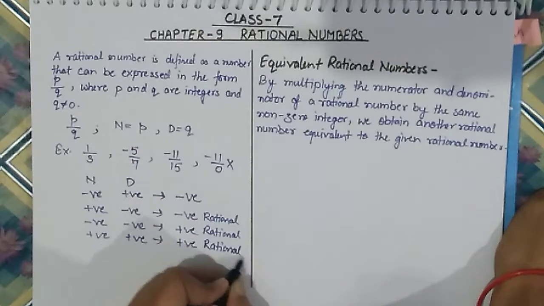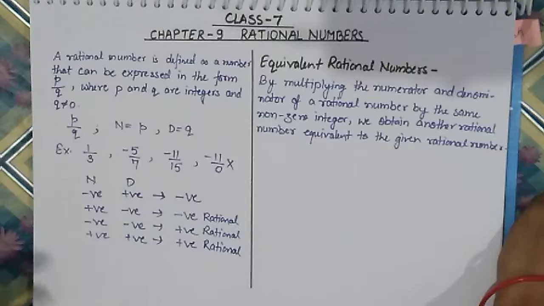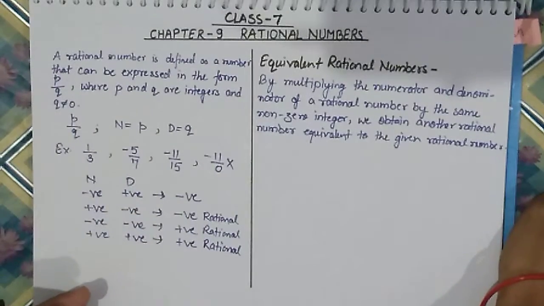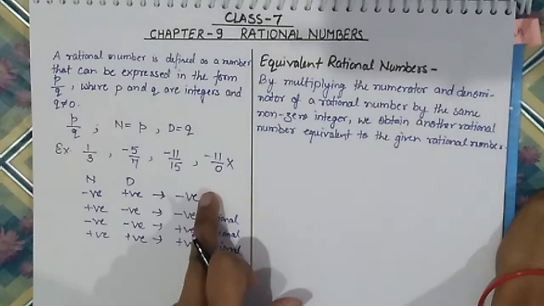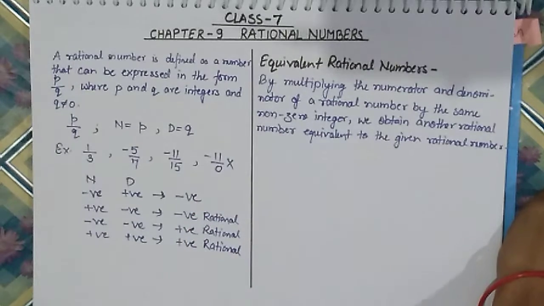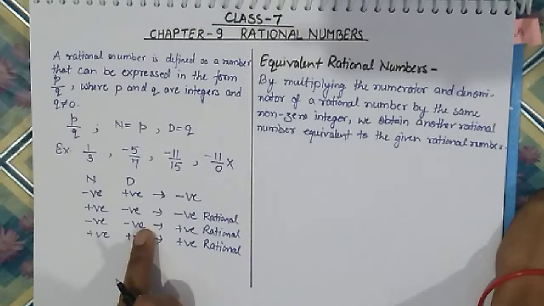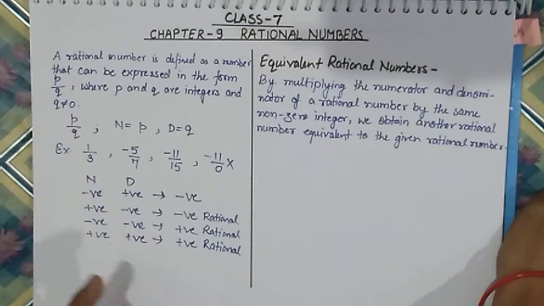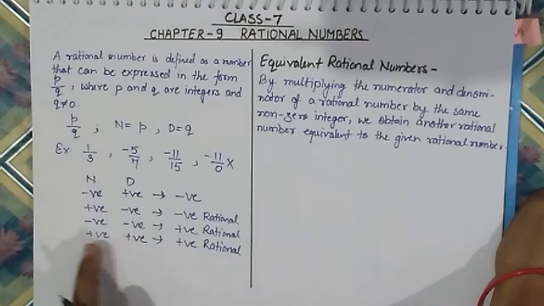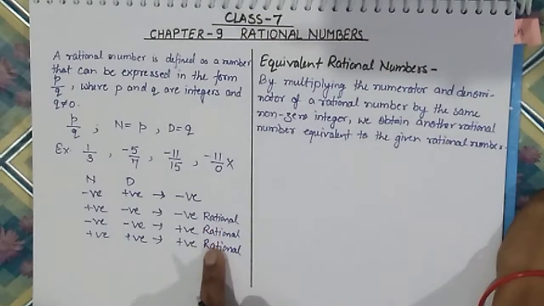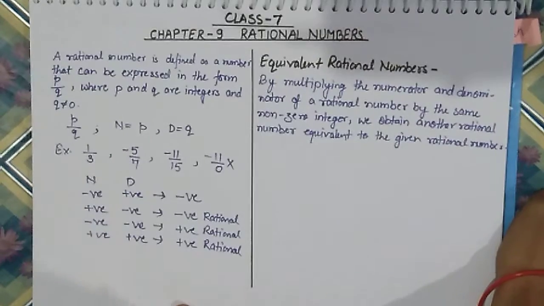So if one of numerator and denominator is negative and the other is positive, the number is negative. If both are negative or both are positive, the rational number is positive.